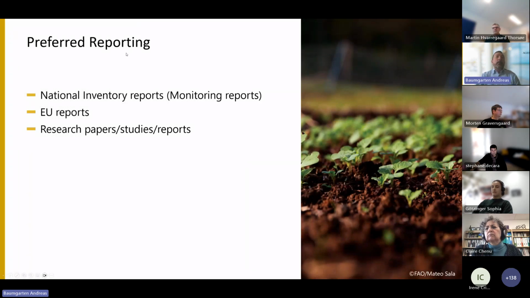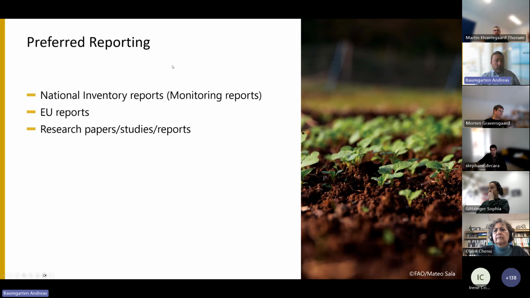Finally, how should it be reported? Of course, we have the possibility of national inventory reports. So maybe this is also something that will come up with the soil monitoring law to some extent.